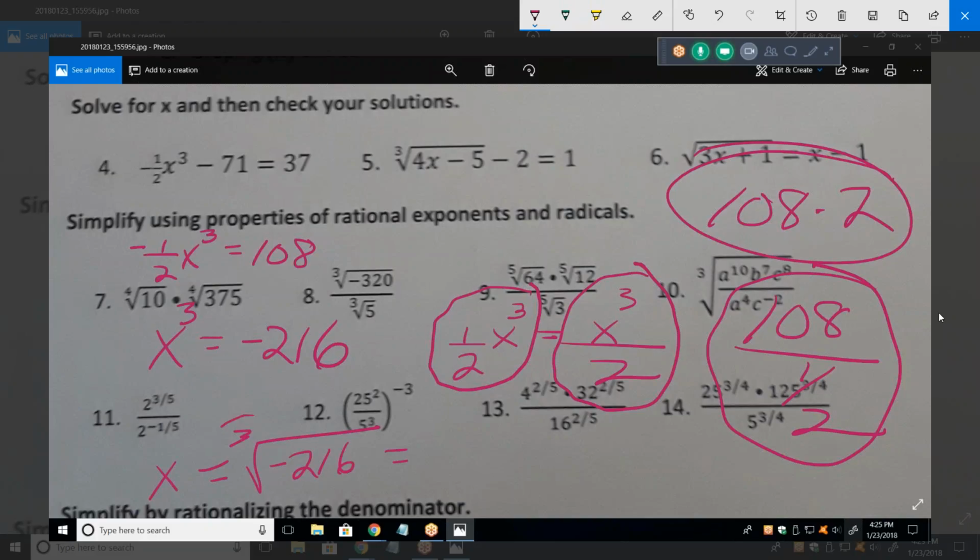When you're taking odd roots of negative numbers, the answer is always the same sign as whatever the sign is in the radical. So it's negative 6. I'm guessing you did that in your head, not on your calculator, because had you done it on your calculator, you would have gotten negative 6. What kind of calculator do you use, Dimitri?